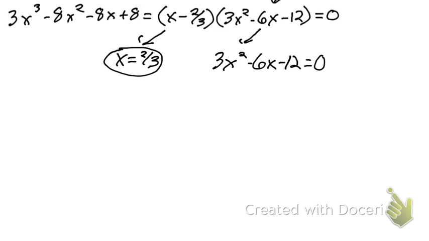X squared, we've been dealing with this forever. I can either factor, complete the square, or put it in the quadratic formula to find my next 2 zeros. I'm going to put it in the quadratic formula. But what would make it easier to plug this in the quadratic formula? If I took a 3 out of everything. And since it's equal to 0, I'm just going to divide both sides by 3.